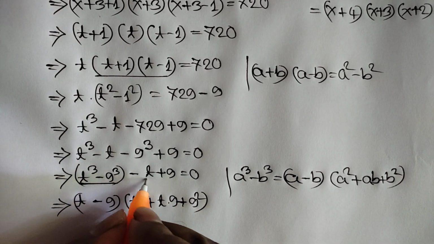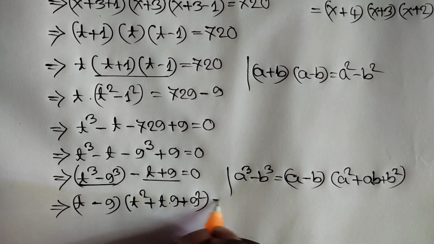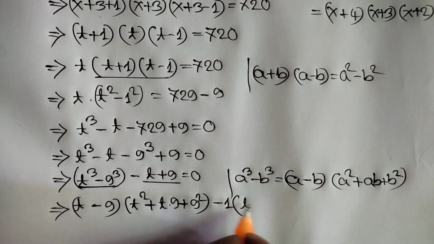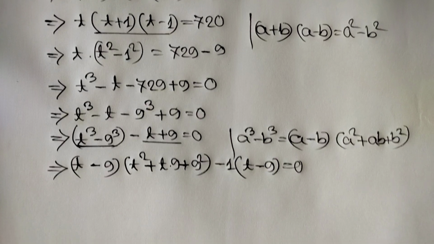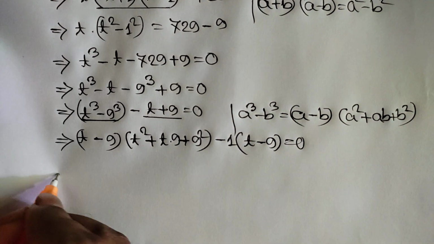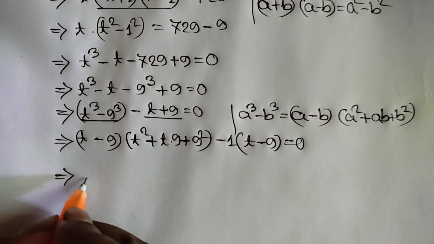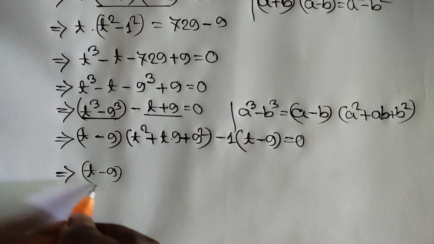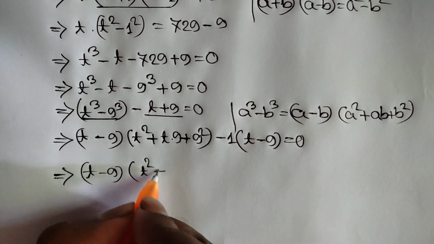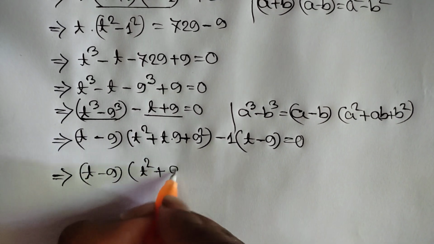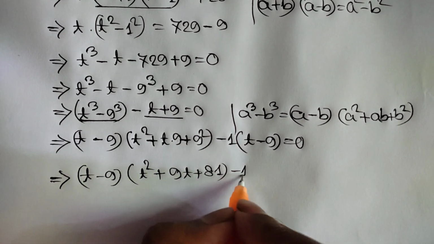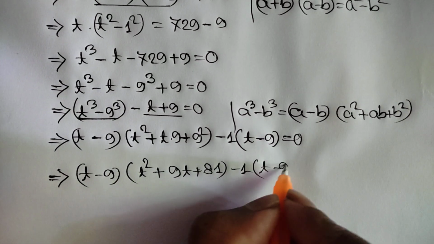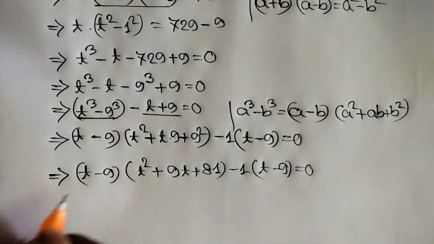and taking common negative 1 to the last two terms we will get negative 1 times (t-9) is equal to 0, or (t-9) times (t squared plus 9 times t, that means 9t, plus 9 squared, that means 81) minus 1 times (t-9) is equal to 0.